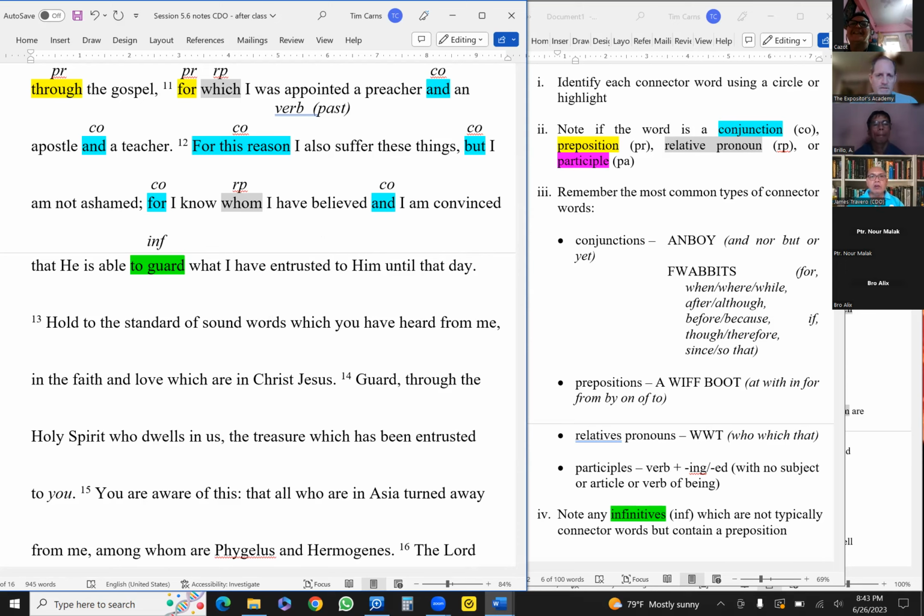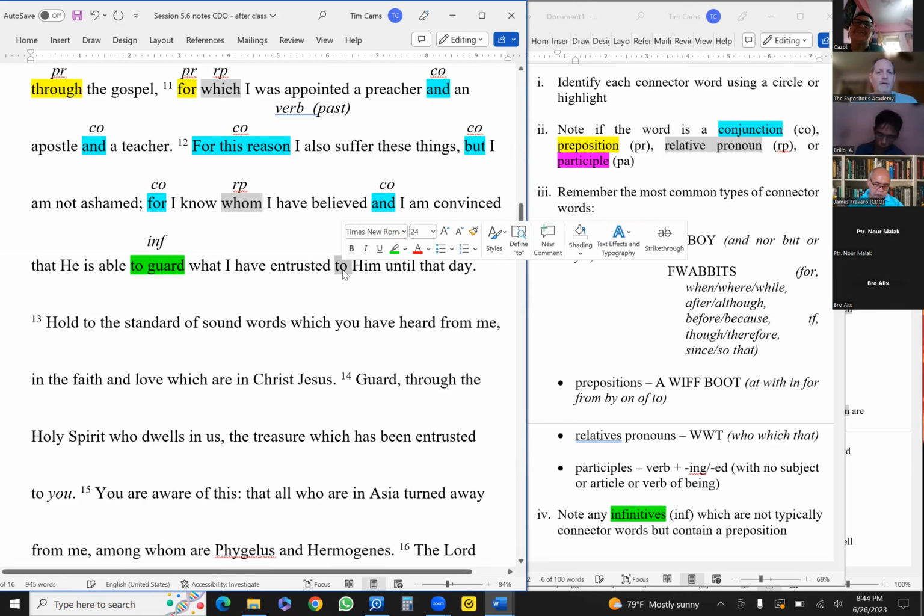Any others in this verse? To him. Yeah, to. Now here we say, okay, what follows it? The word him. Is him a verb or a noun? Pronoun. Yeah, it's a pronoun. It's a noun. So yeah, to is a preposition here. Very good.